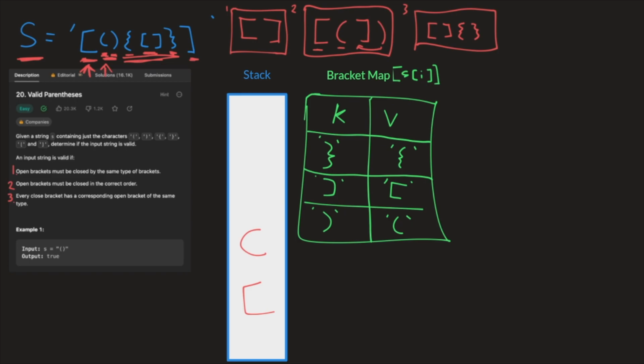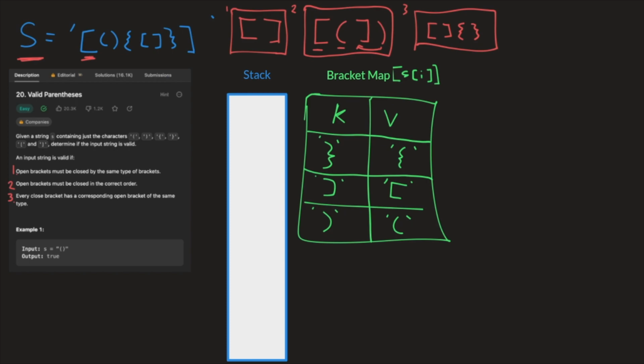So let's go through and actually solve this problem. All right, so just erasing these examples in the stack, we'll erase this stuff up here. All right, great. So now let's iterate through s and see what happens. So we've got this opening square bracket.